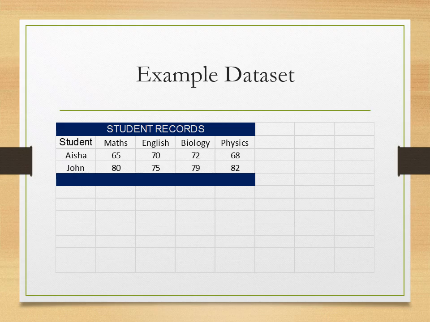In the third row we have another student, John, and these are all his scores in all the subjects. So this is a data set containing student scores. Each row represents a student and each column represents a subject.